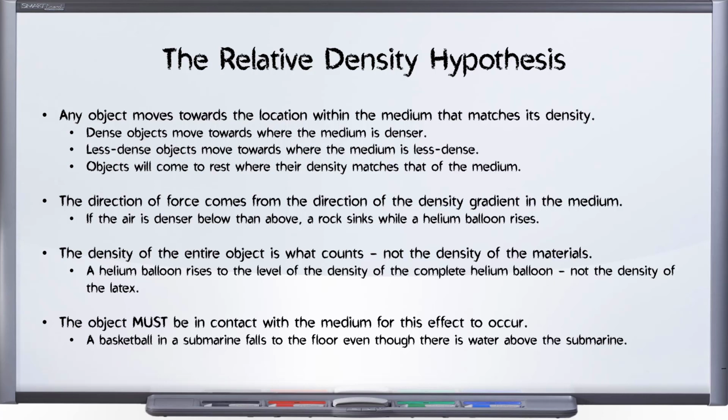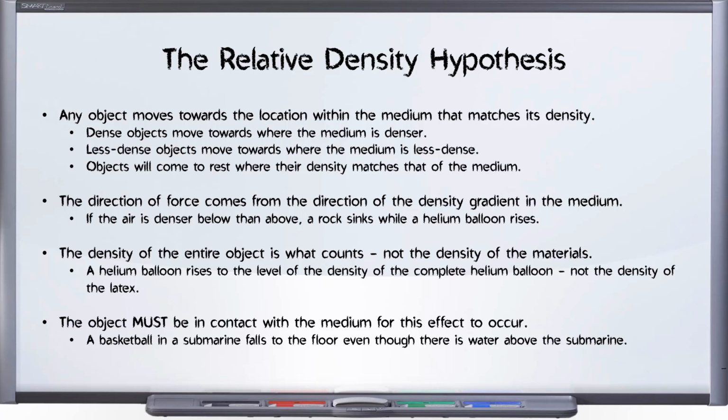And to be very specific, the direction of force is going to come from the direction of the density gradient within the medium, meaning that it is dense air at the bottom, less dense up the mountain, and so the helium balloon is driven towards the less dense.